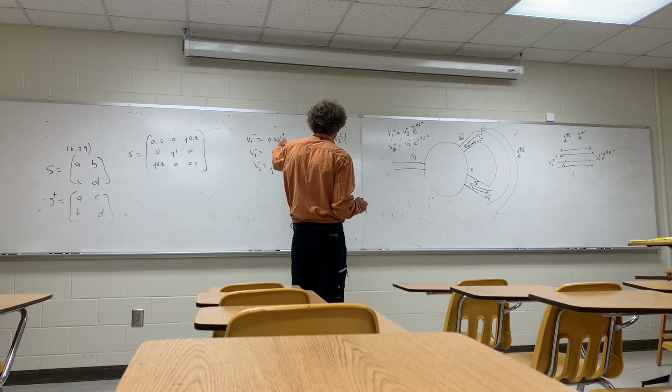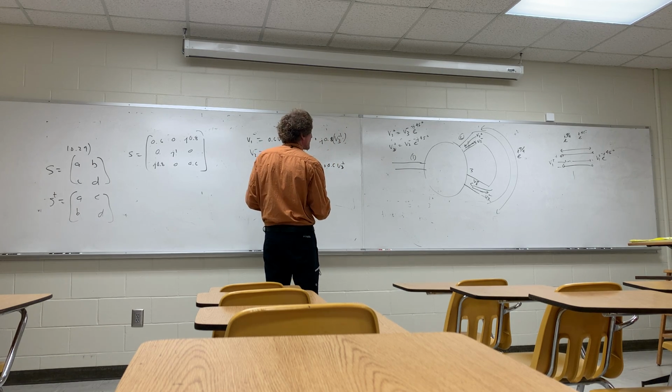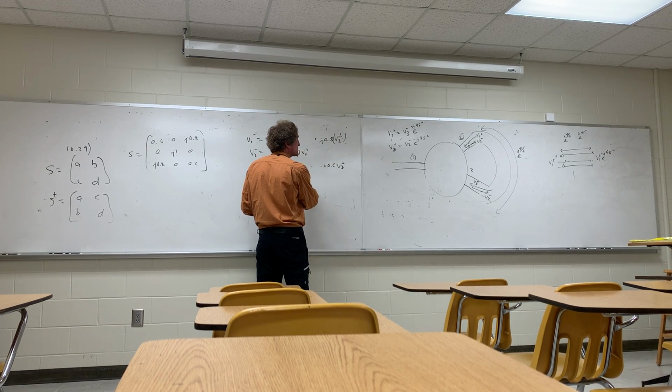So I've got V1, leave it alone. Now I have V2 plus, it's V3 minus, so V2 plus here is V3 minus times e to the minus j 45 degrees. So I can do this.